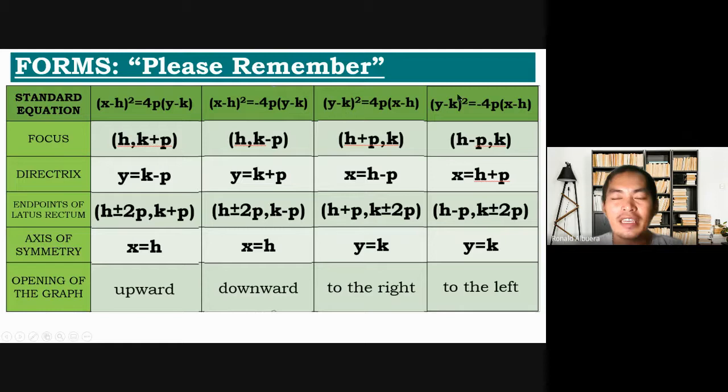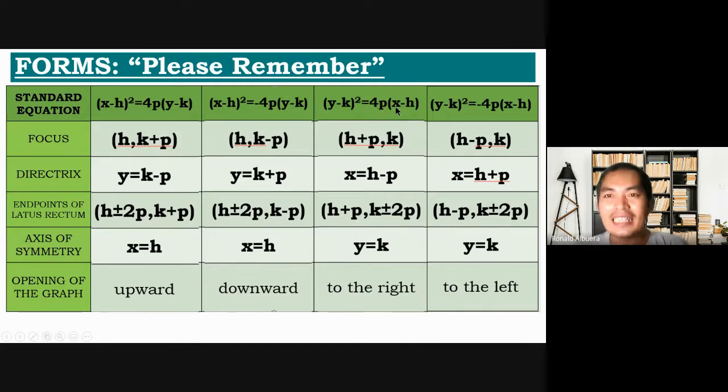We have here the equation (y minus k) squared equals 4p times the quantity of x minus h, or (y minus k) squared equals negative 4p times the quantity of x minus h. So we have here to compare for the coordinate of the focus. The clue here is, which variable has no square?